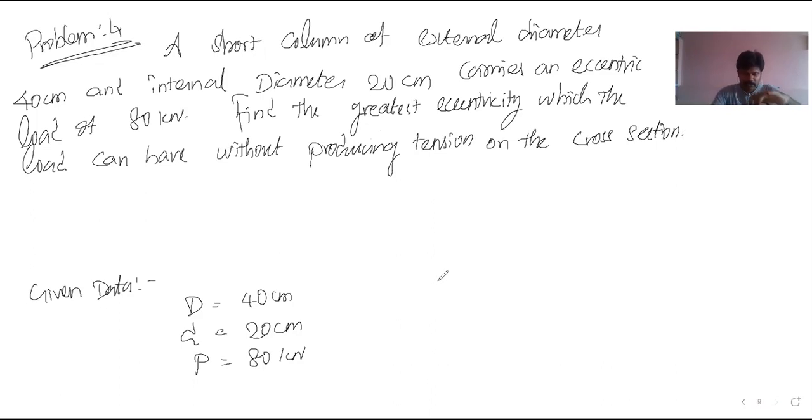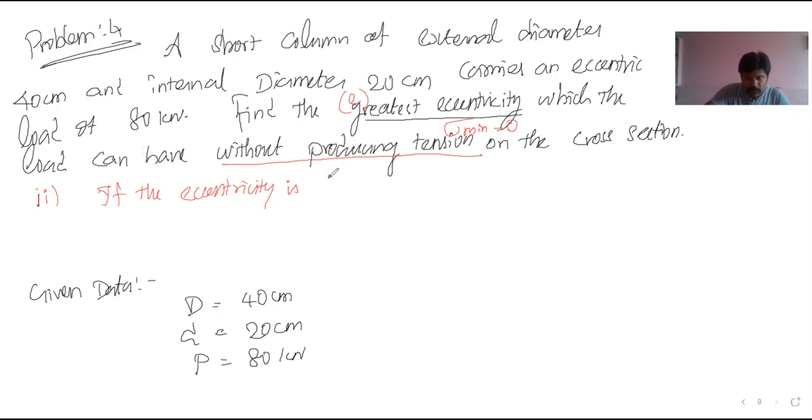The second question is: if the eccentricity is 150 mm, then what is the value of sigma max and sigma minimum?